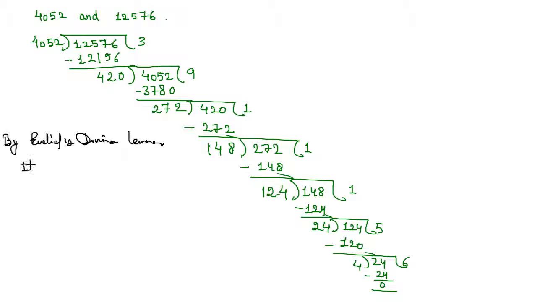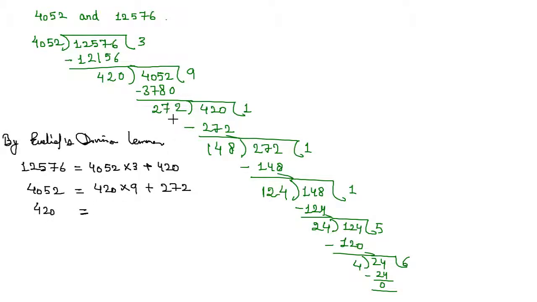So you write 12576 equals 4052 multiplied by 3 plus your remainder 420. Okay, now keep writing the same things. So you get 4052. You have to copy this dividend, this into this plus this. Direct, easy. Now I can move ahead. It's very easy. So this 420, 272 into 1 plus this.